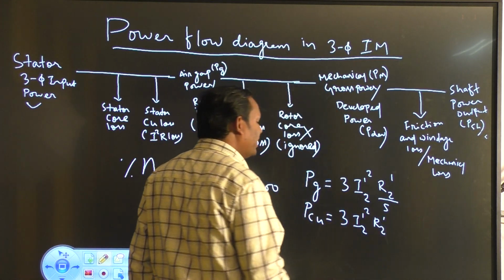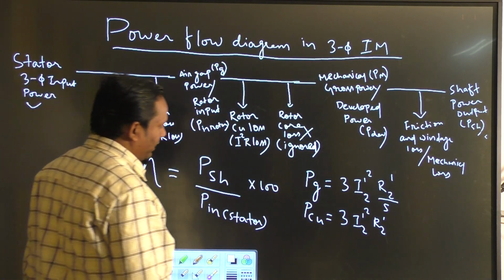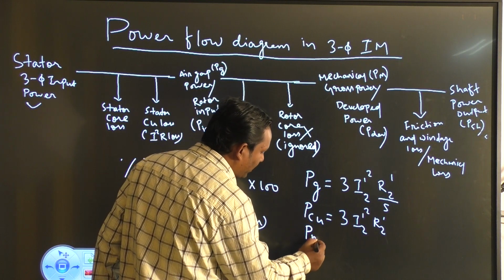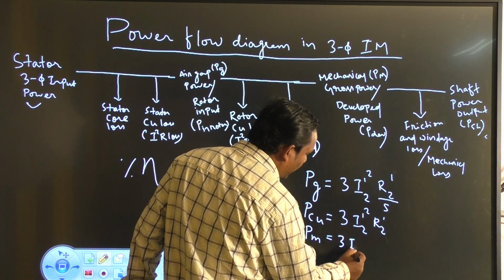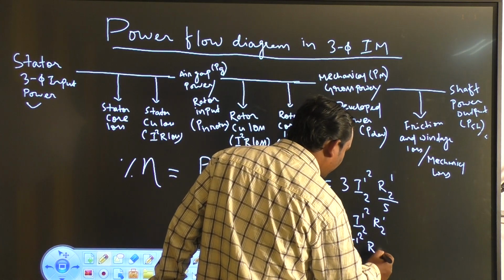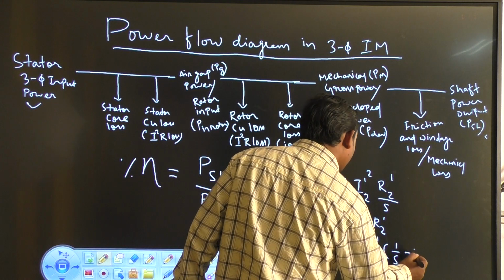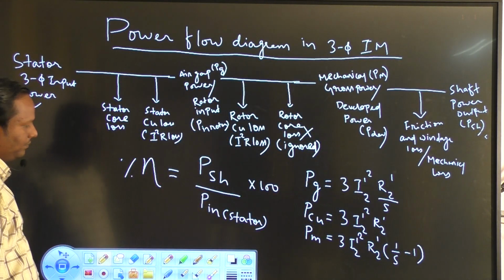Here R2 dash and I2 dash mean the rotor quantities referred to the stator side. And mechanical power PM or developed power equals 3 into I2 dash square into R2 dash into 1 by S minus 1. These three formulas are important.